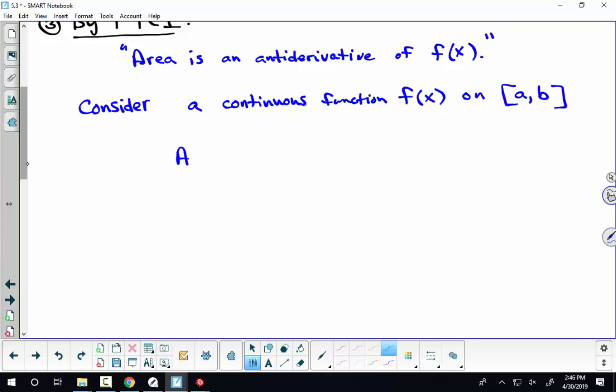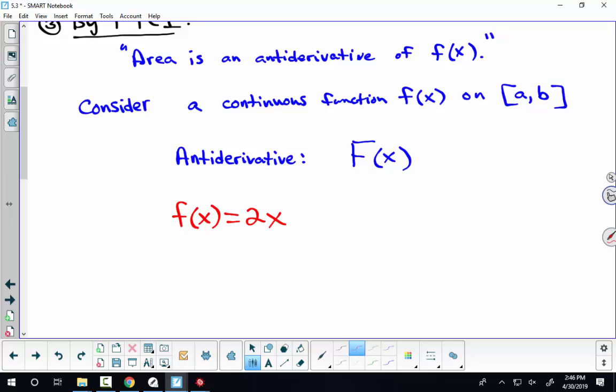Call the antiderivative capital F of x. That's just one antiderivative, right? Like if I say f of x is 2x, and then I say capital F of x is x squared, that's just one particular antiderivative, right?